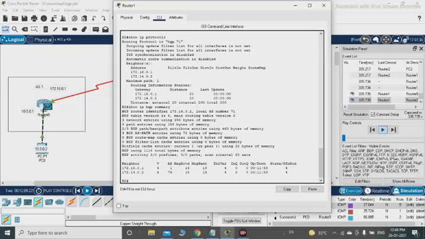And then we can see who all the neighbors are, with show ip bgp neighbors.